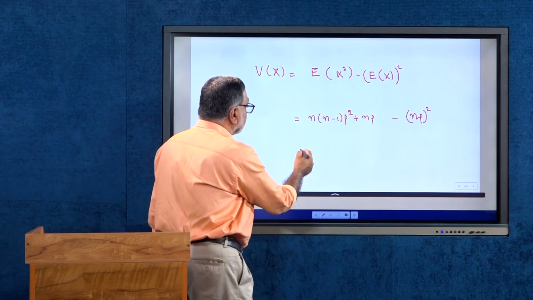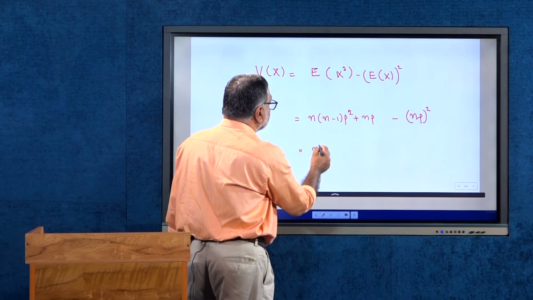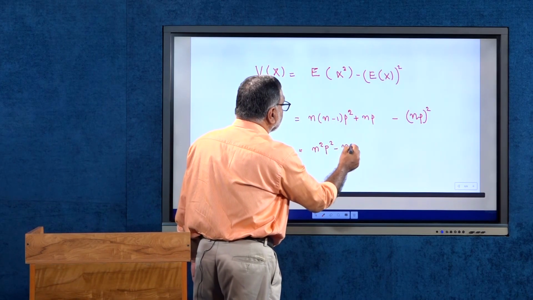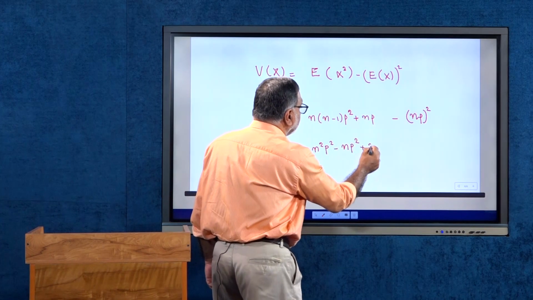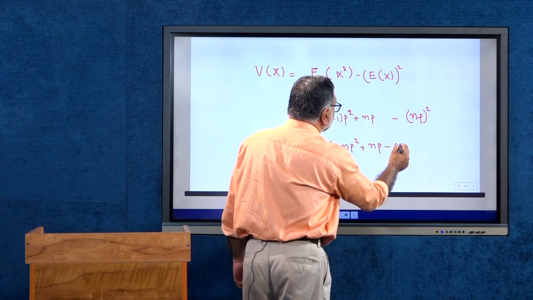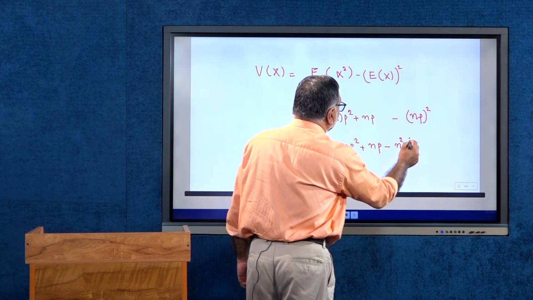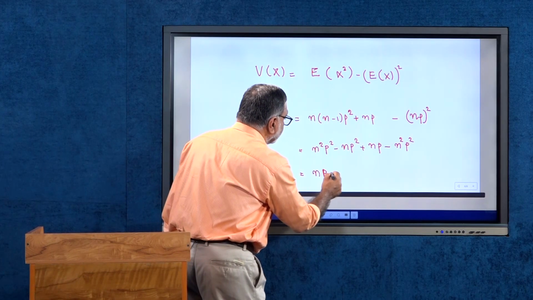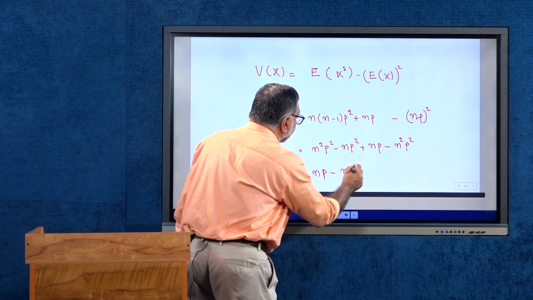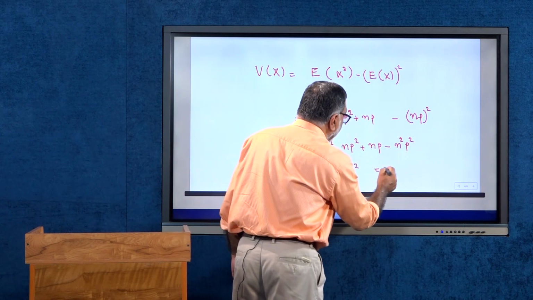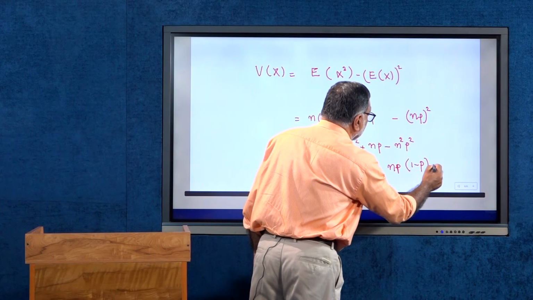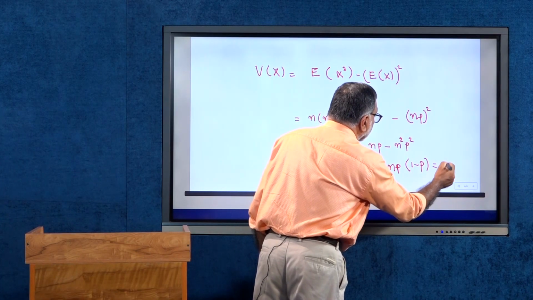and that is the same as n square p square minus np square plus np minus n square p square, or that is equal to np minus np square, and that is equal to np into 1 minus p, or that is npq.